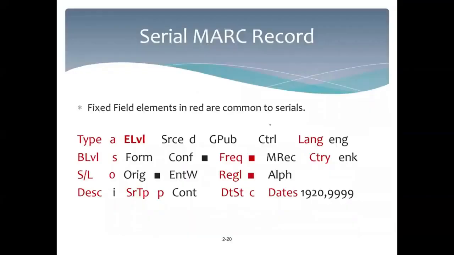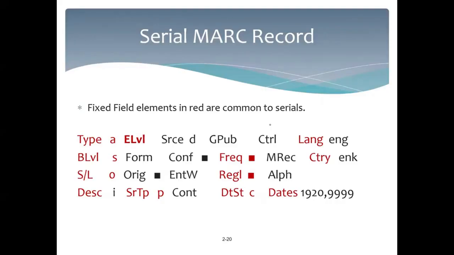So I did tell you we're going to look at the fixed field. So in red are fixed field elements that are common to serials. Now that type is on all bibliographic records. So it's not unique to serials, it's just on all records. Typically, you're going to see A for the choice there, and we're going to talk a little bit more about what these choices mean in a minute.